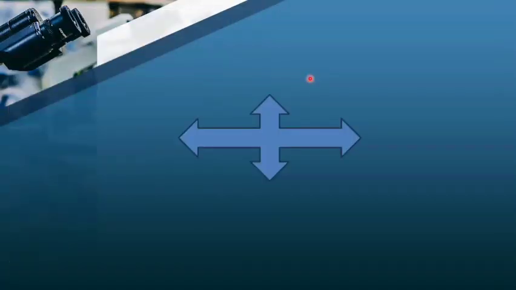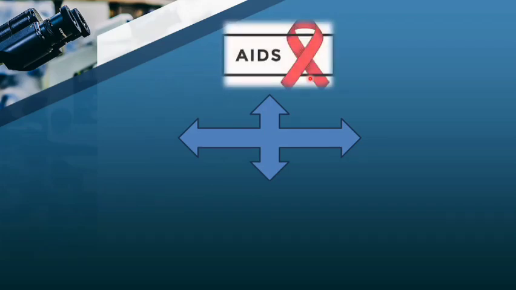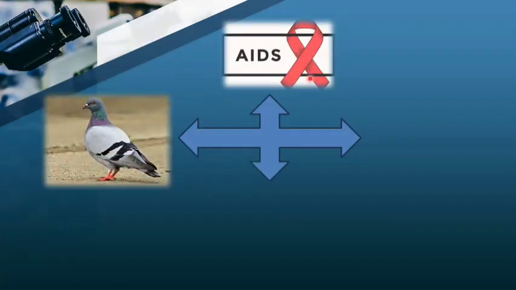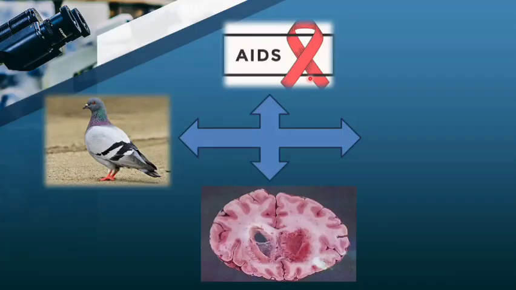So if we talk about cryptococcal meningitis caused by Cryptococcus neoformans, we need to remember four things. You need to think of a patient who is immunocompromised, a patient who had at some point contact with pigeons, meningitis, or let me call it meningoencephalitis.